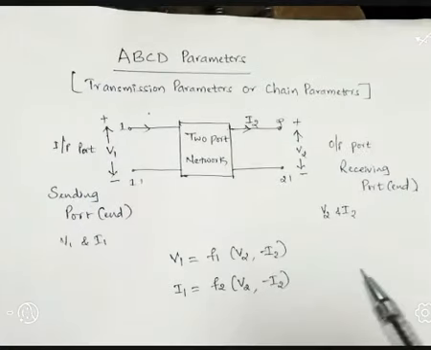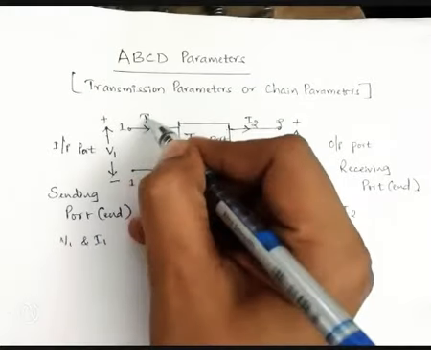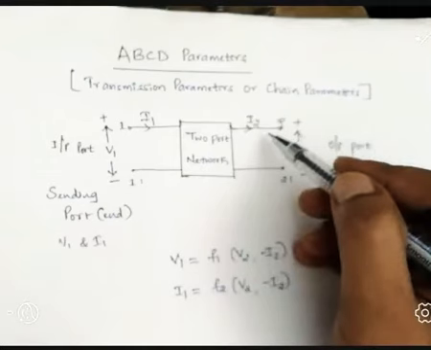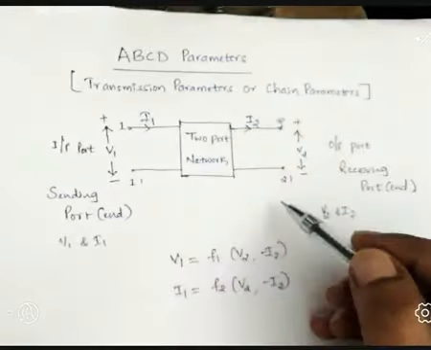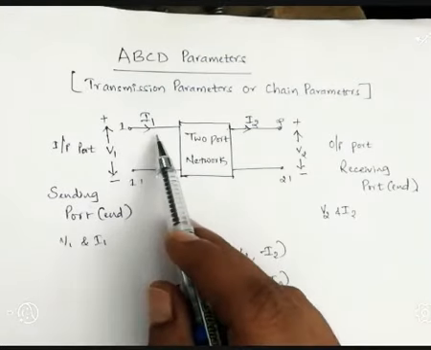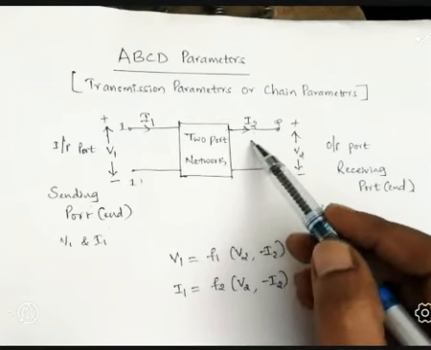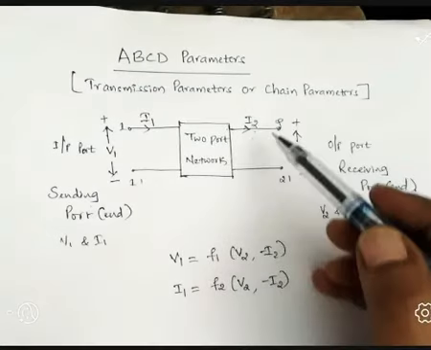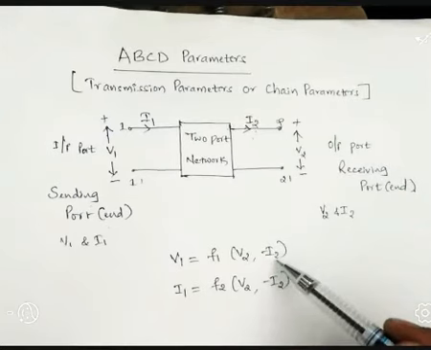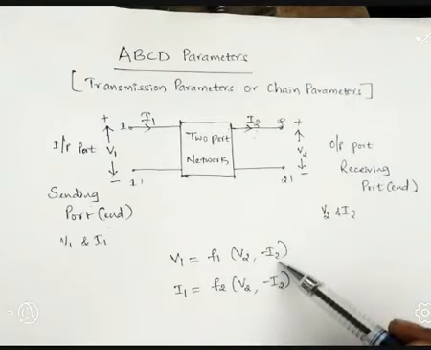Because generally we take currents I1 and I2 as entering into the ports, but for the ABCD parameters, current I1 is entering into the port while the current I2 is leaving from port 2. Because of this direction, we have taken the negative sign for the current I2.